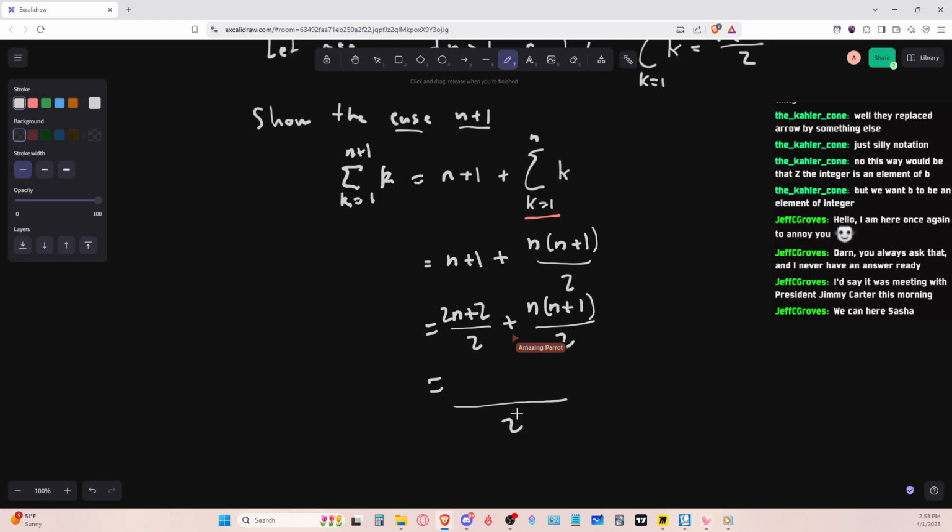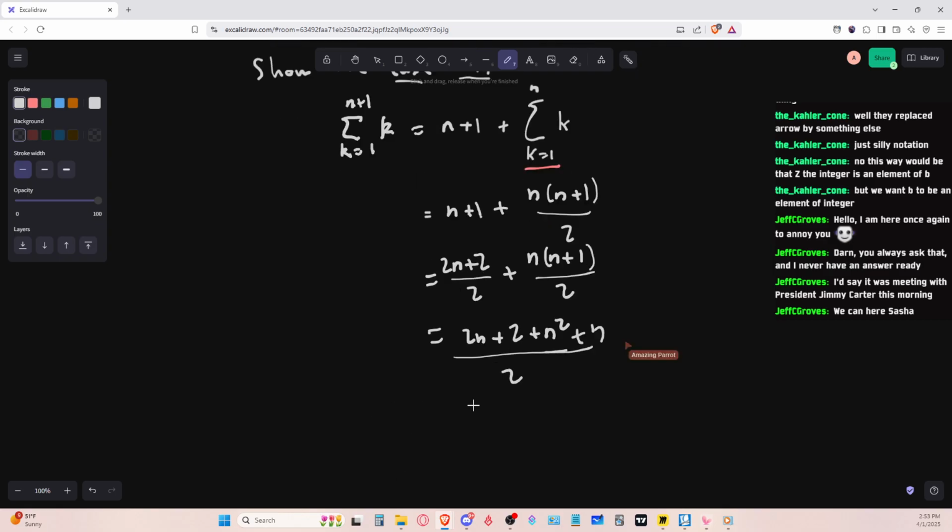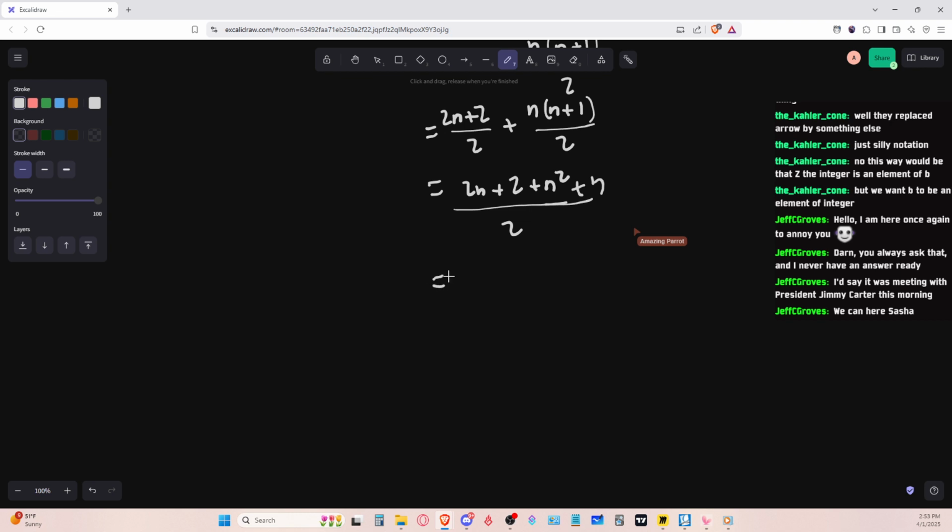Then we're left with 2 on the bottom, plus n squared plus n.